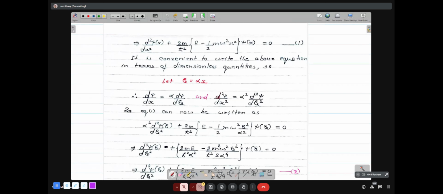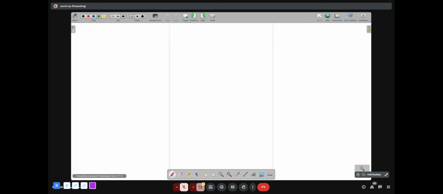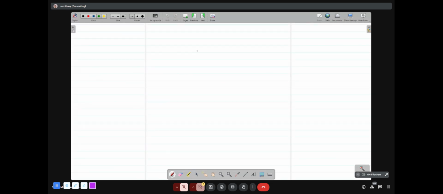Basically, we are converting the variable x to a new variable zeta. Nothing specific. Suppose you have this term d psi by dx.